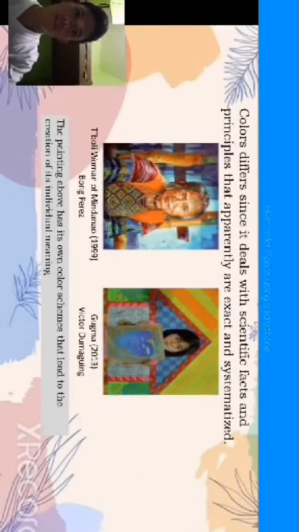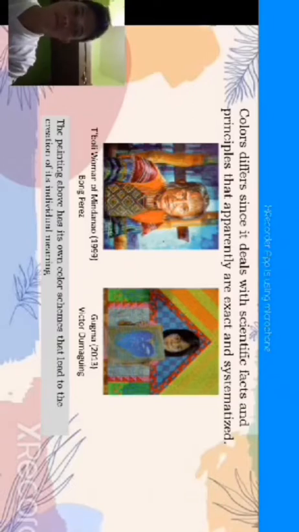So colors differ since it deals with scientific facts and principles that apparently are exact and systematized. As what you can see, the painting above has its own color schemes that lead to the creation of its individual meaning. You have there the Tiboli Woman of Mindanao in 1999 by Bong Perez, and the Gugma in 2013 by Victor Dumagwing.